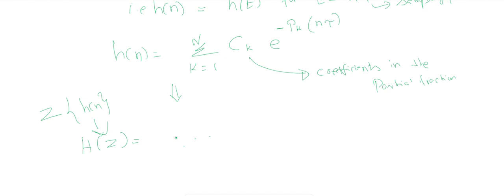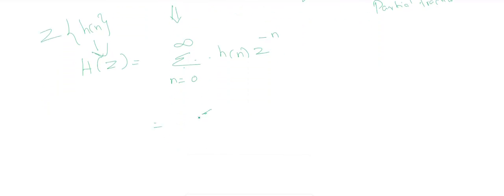H of z is equal to the summation of h of n into z power minus n, where n is equal to 0 to infinity. So now you can substitute the summation of n equal to 0 to infinity. I hope you understood.